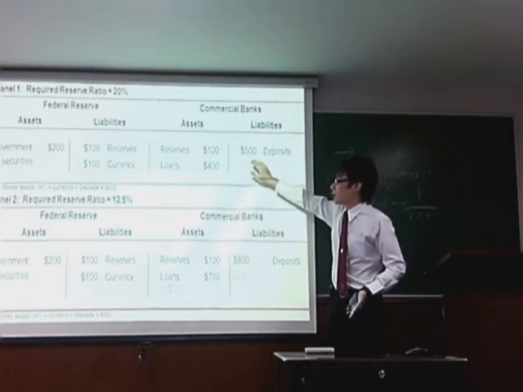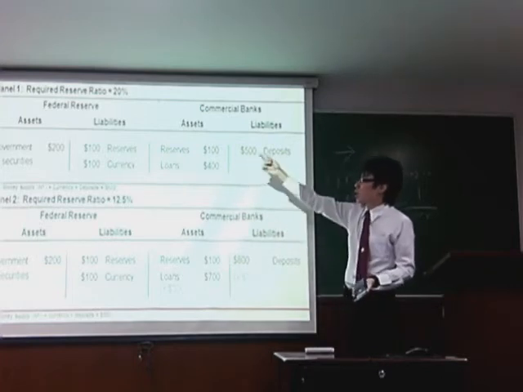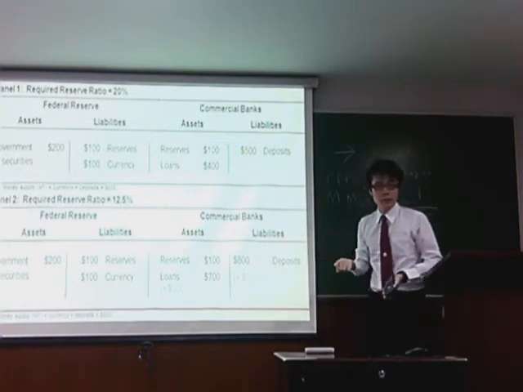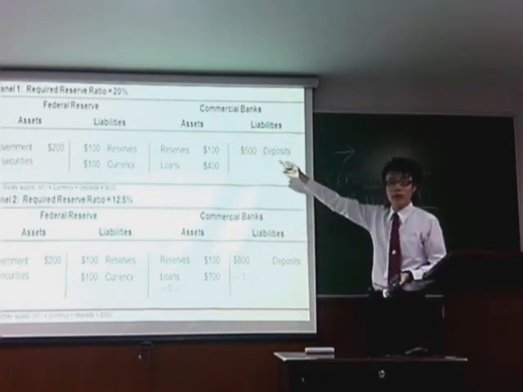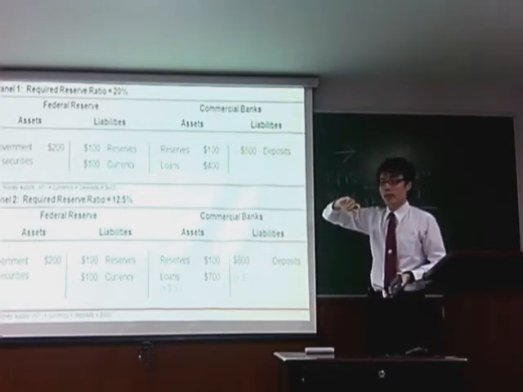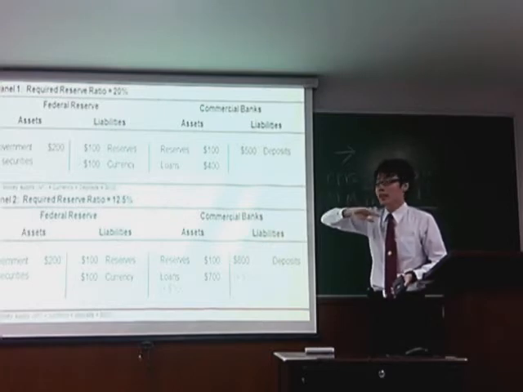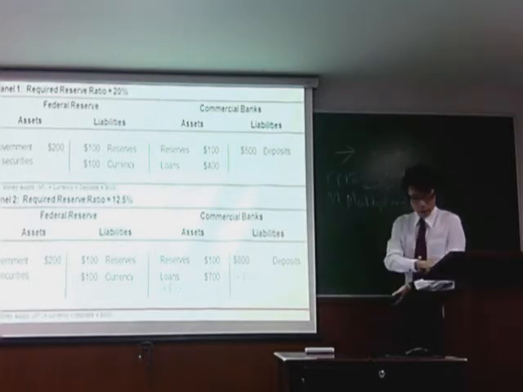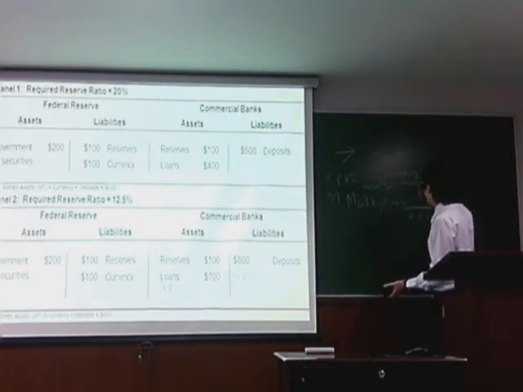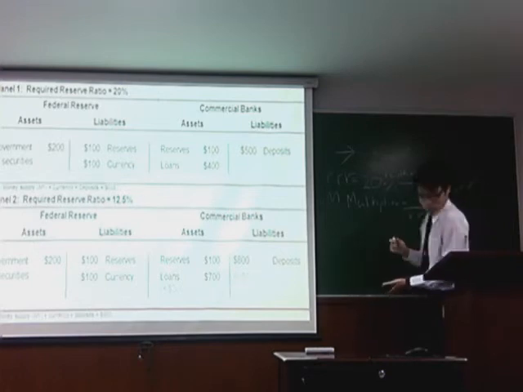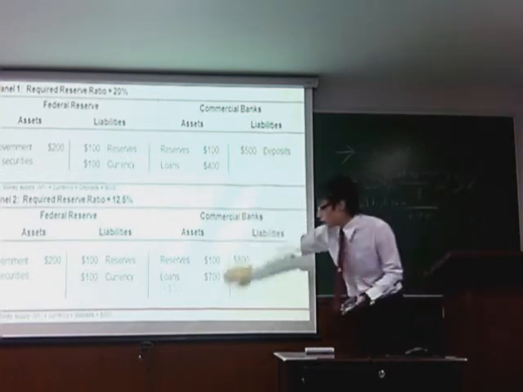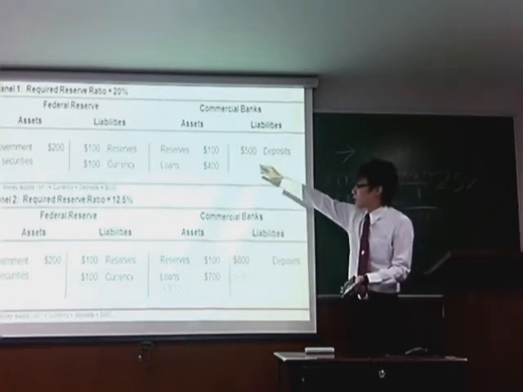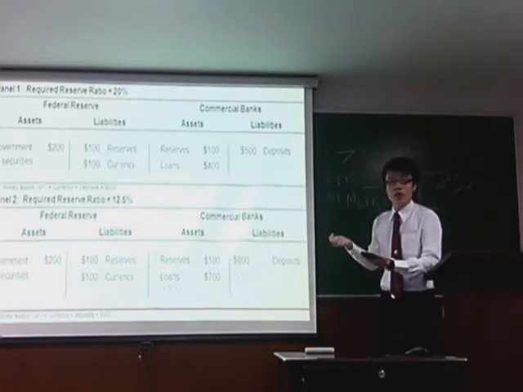Okay. So let's see what happens if we change our required reserve ratio. If we kick that up from 20% to 30%, so you're required to store more money into the Fed. Actually, let's make it 25%, easier. Okay, so from 20% to 25%. Let's see how much our money changes.